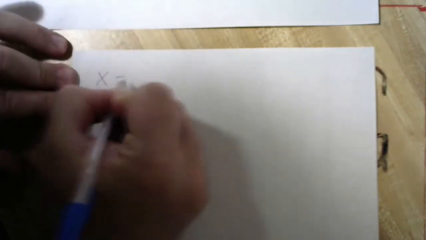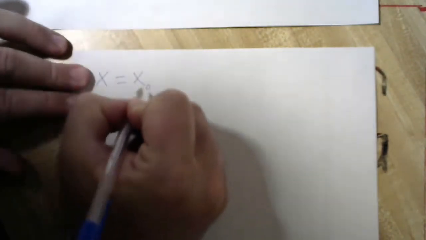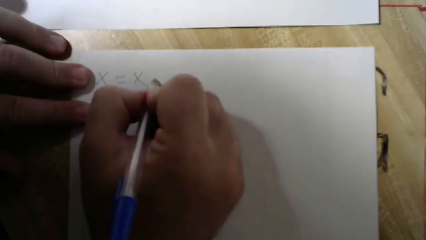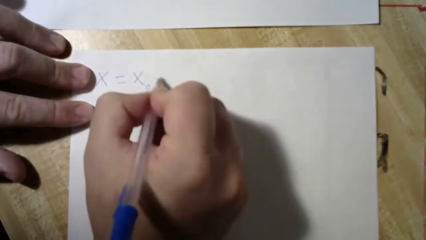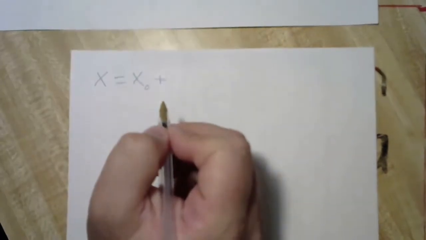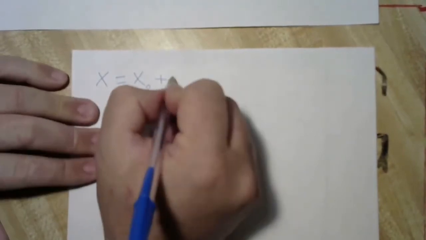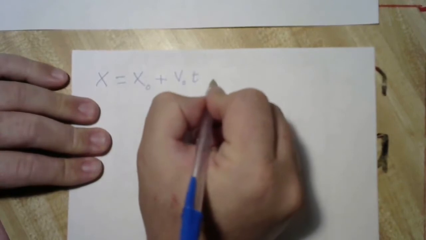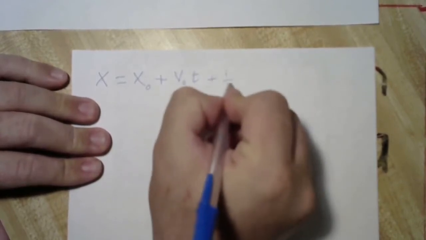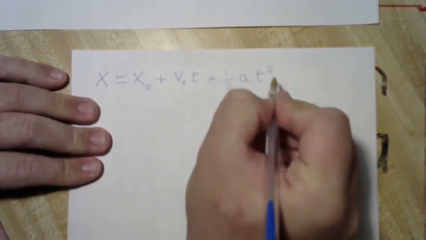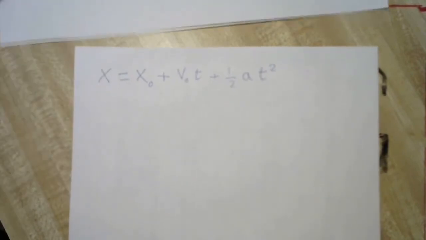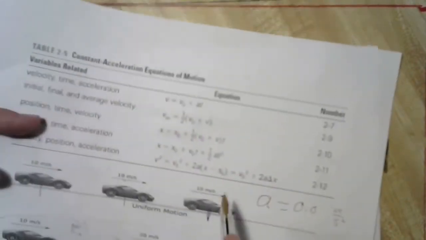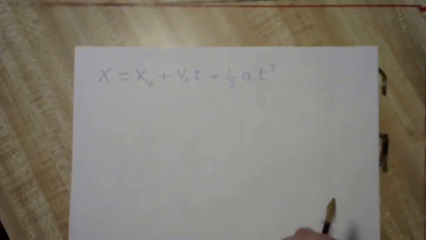X is equal to x naught, I will write it in a different way now, plus v naught multiplied by t plus half a t squared. If you don't carry these equations, just use a sheet of paper and look at it to write these equations.